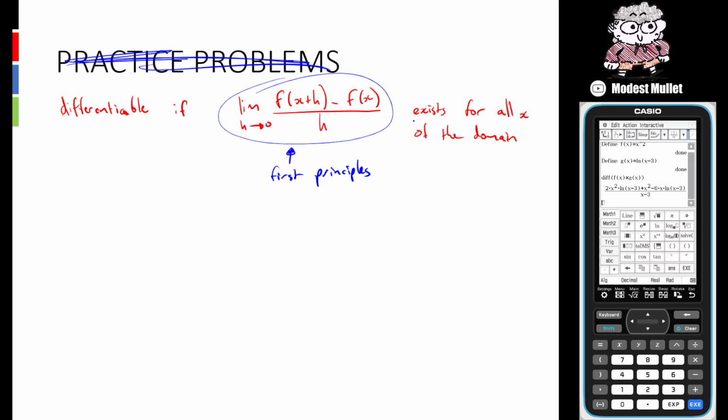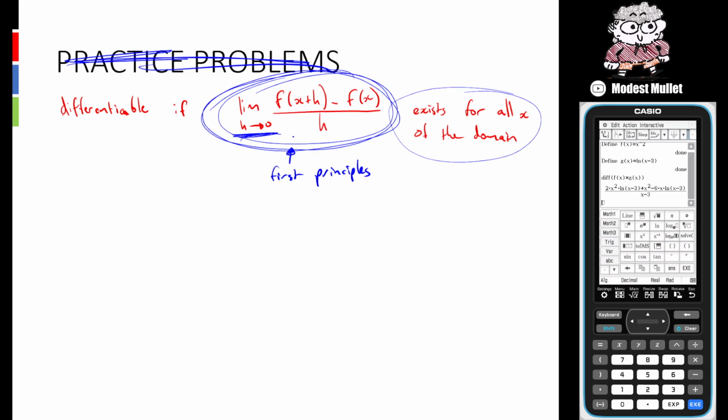That limit needs to exist for all x values on the domain. Now we can get around a lot of this by reducing the domain, but if there is still a break inside that domain, we run into an issue because a limit has to be defined as being the same from the left and the right.